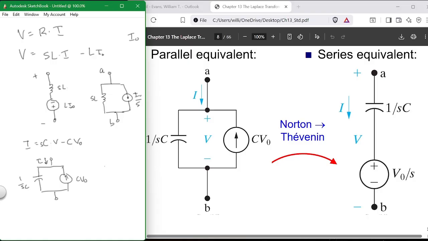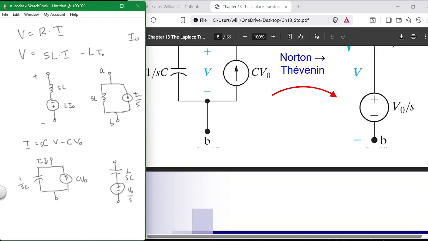There's your B term. Or it's this: I going in is equal to 1 over SC, and then a battery, and there's your V0 over S.